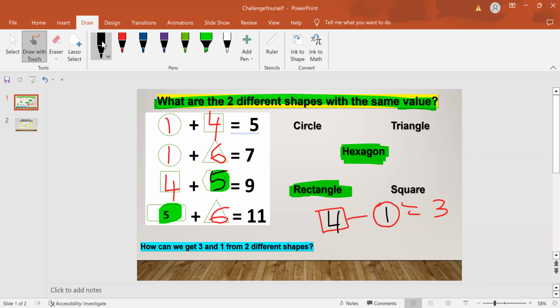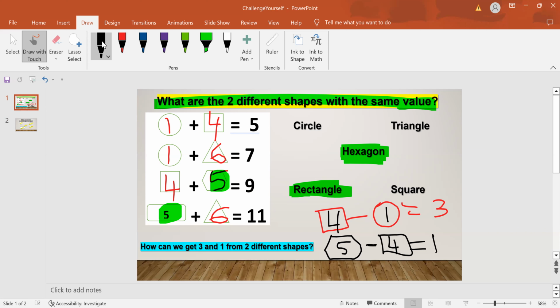Now how can we get to 1 from, again, two different shapes? For that, we have two possibilities. We can take the hexagon, which is 5, minus the square, 4, equals 1.